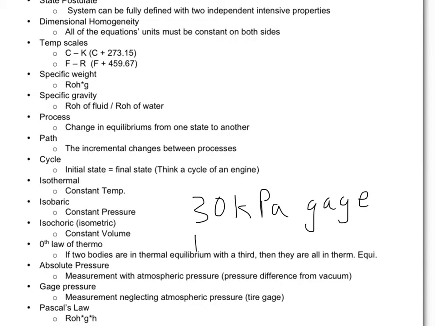So what you really are dealing with is 131 kilopascals. One way to think of absolute pressure would be, this is the pressure from a vacuum. From a vacuum's perspective, this has 131,000 pascals. 30 gauge is simply saying that it's 30 more than the atmosphere.